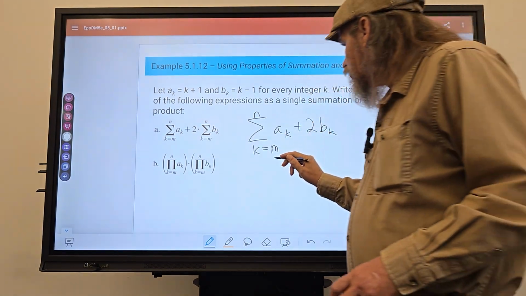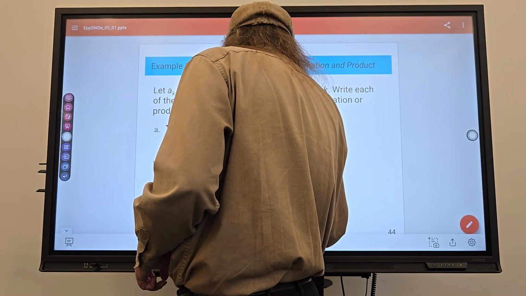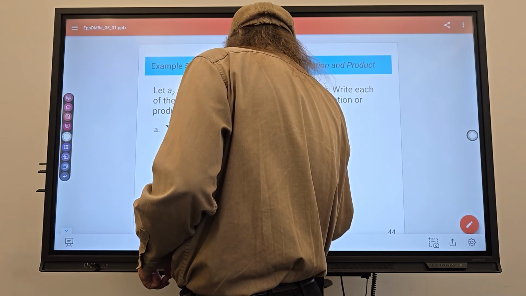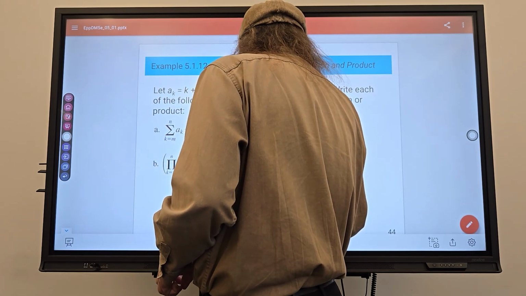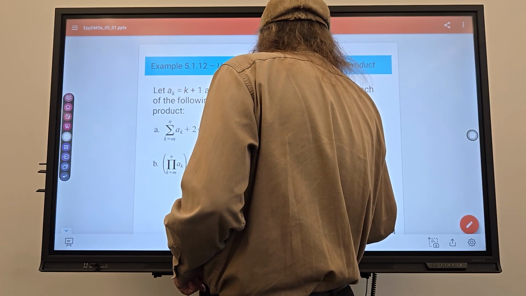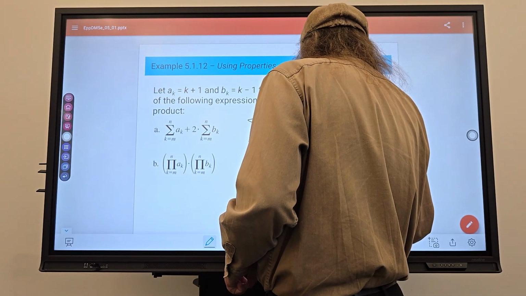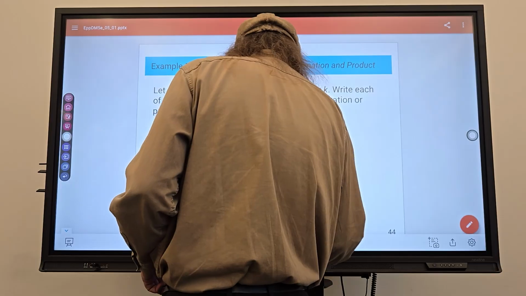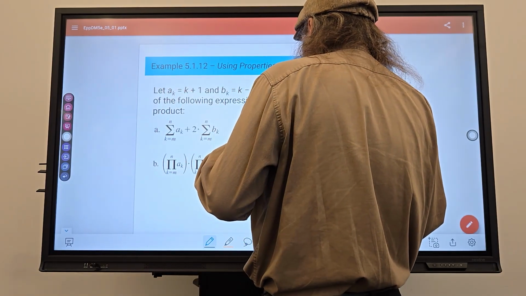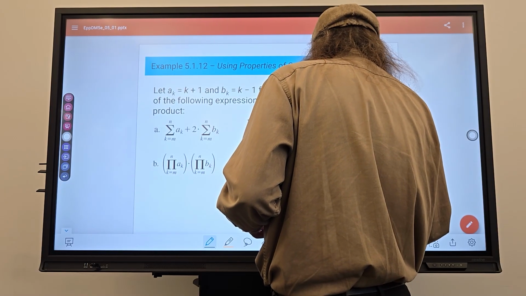Now substitute k plus 1. So that's k equals m to n. It'd be k plus 1 plus 2k minus 2.